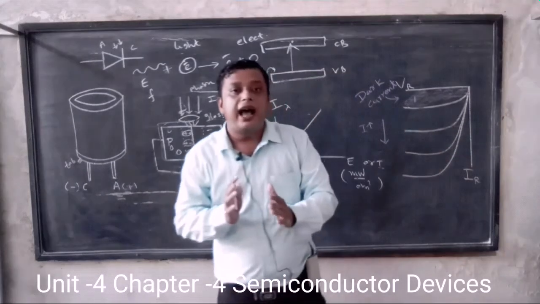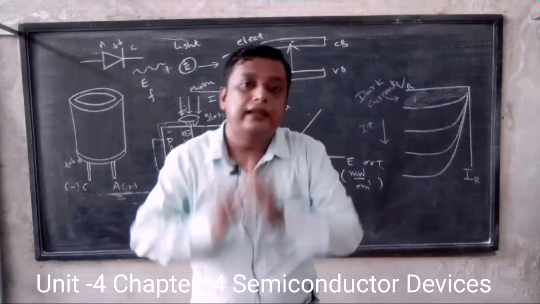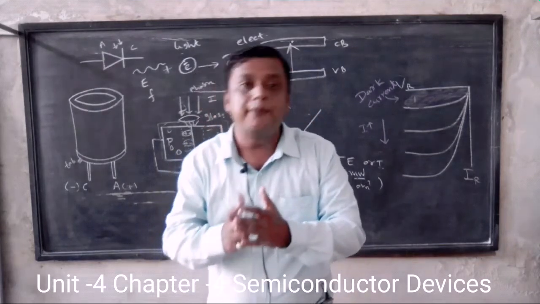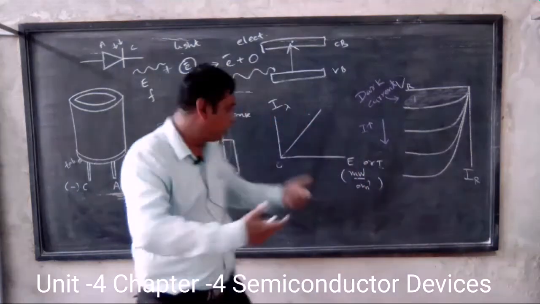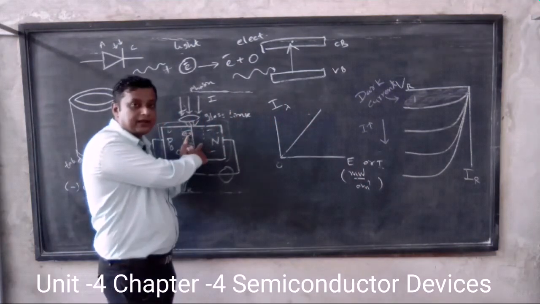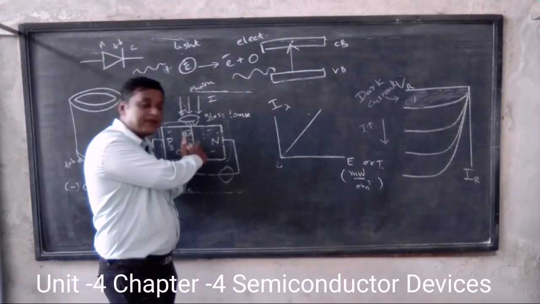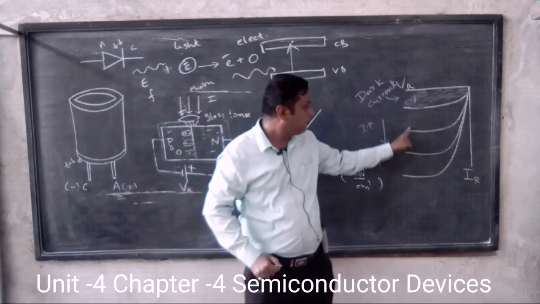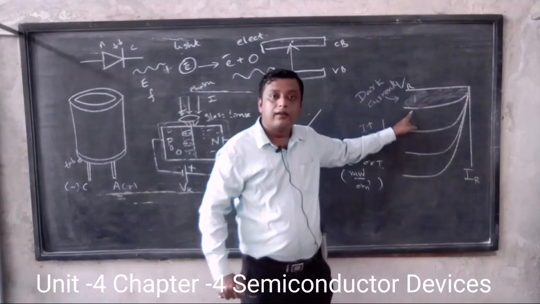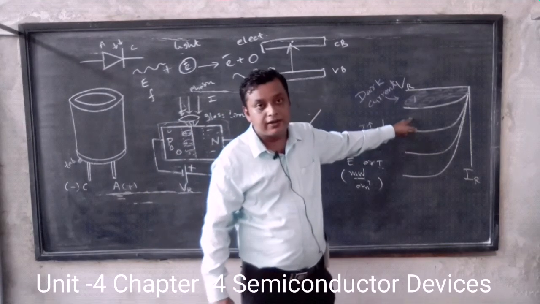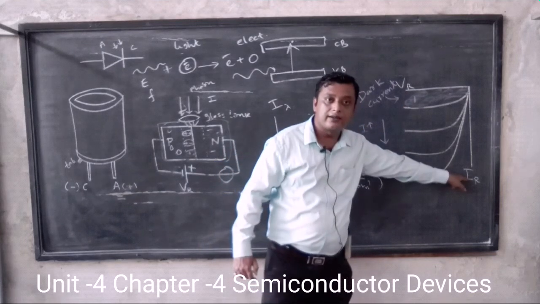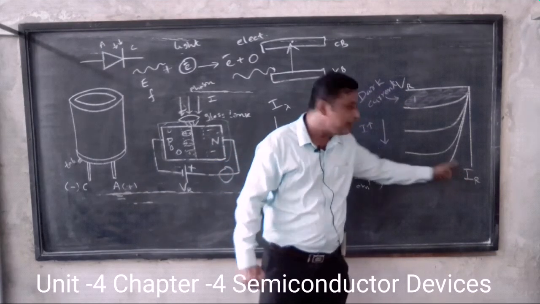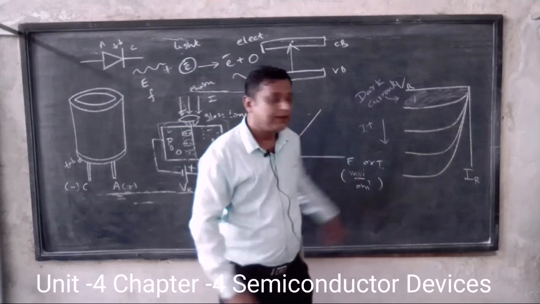So if I am increasing the intensity of the incident light which is falling onto the depletion barrier, then what happens? The photocurrent, or the current which is generated by the photodiode, increases.